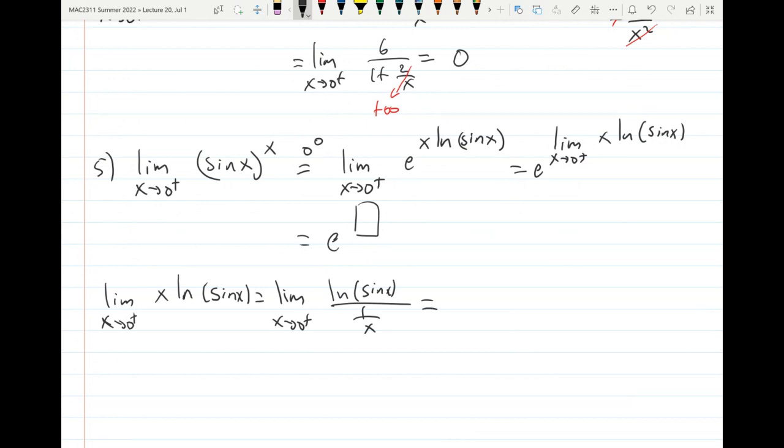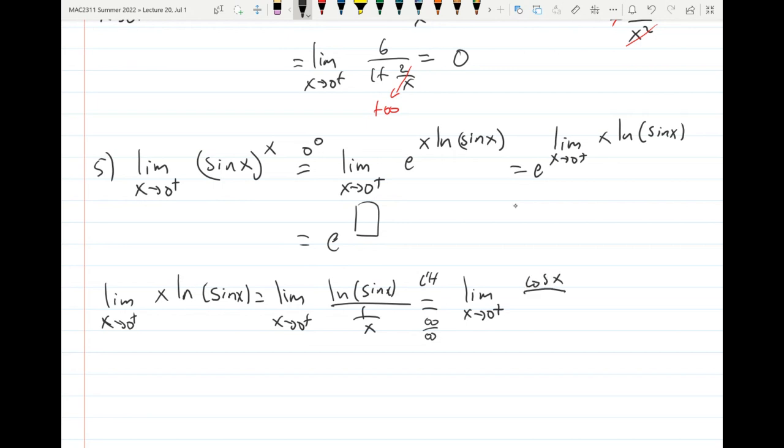So now sine of 0 is 0. So that's gonna be infinity over infinity because ln of something approaching 0 is infinity. And we can use L'Hopital's rule. Here we have infinity over infinity. So this is limit as x approaches 0 from the right, so the derivative of the top. Remember, u prime over u.